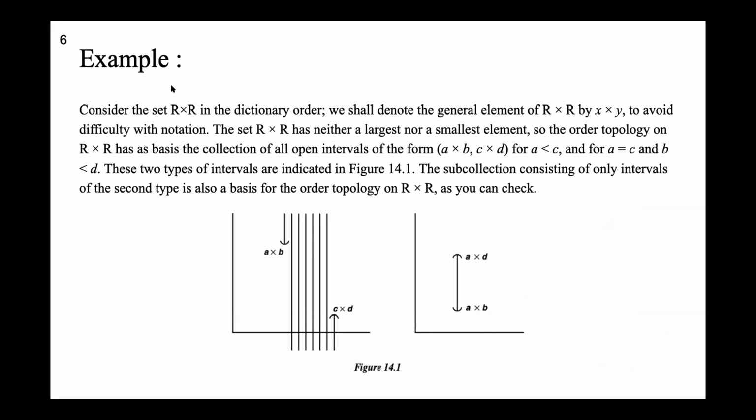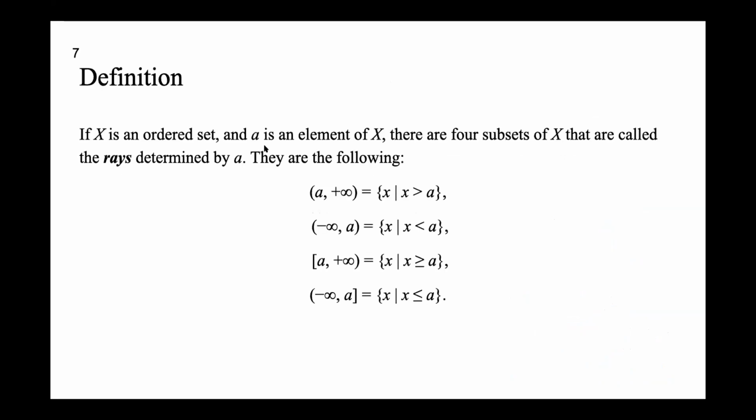Okay, so we will move to these types of sets. If we have an element A of X, there will be sets in X that are called rays determined by A, and they are like that.